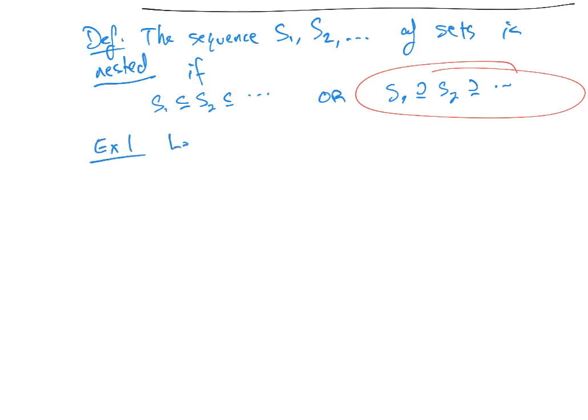So let I_n be the closed interval from 0 to 1 over n. Then that is a nested sequence of intervals. I1 contains I2, contains I3, and so on.